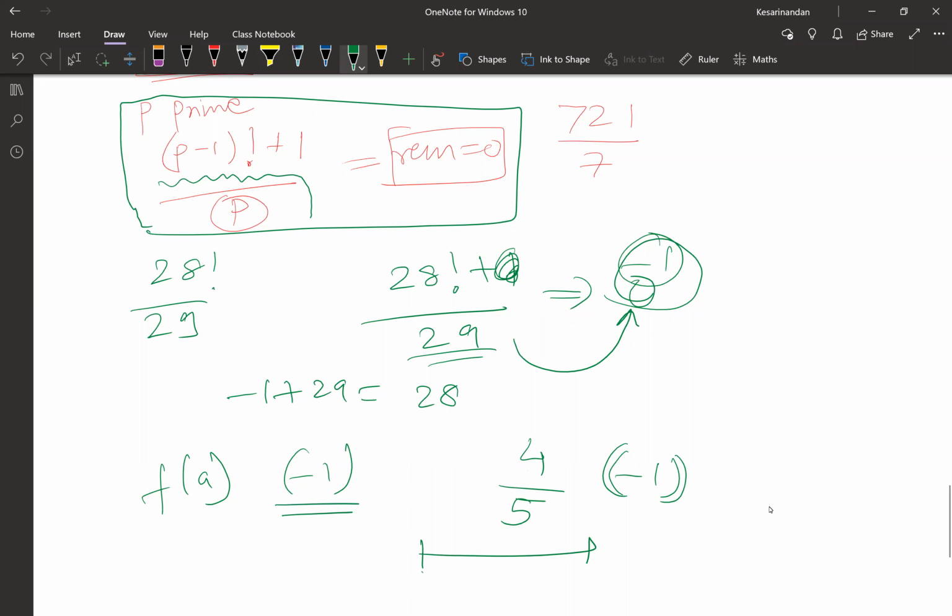So on a number line from 0 to 5, minus 1 means it is 1 less than 5. That means taking from this side, how much will it be? 4. And how do we obtain 4? When we add this number to this.